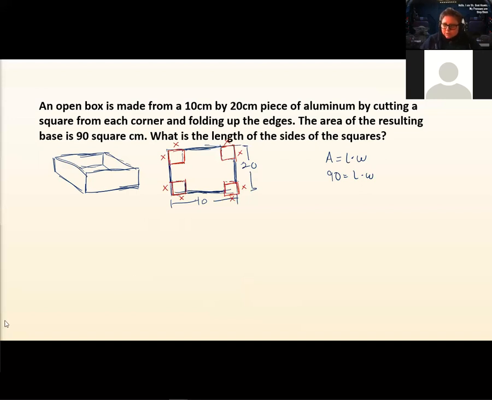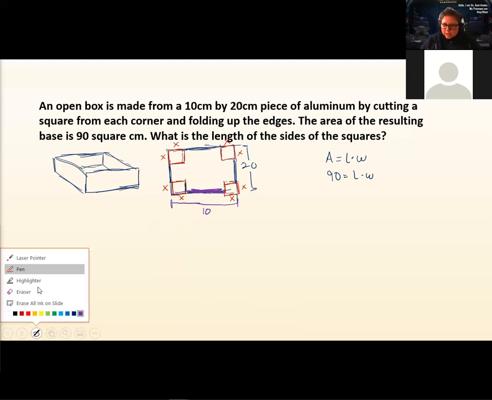If we want to find this length right here, and we know that from here to here is 10, and that is x and that is x, how do we find this length right here? What do we have to do? Well, we know the whole length is 10, right?